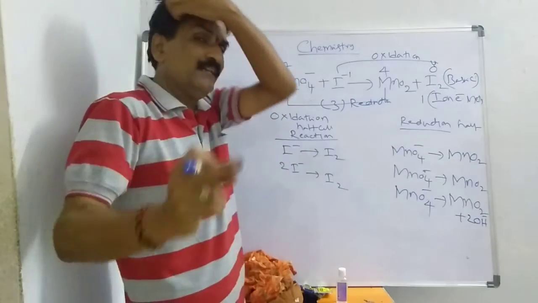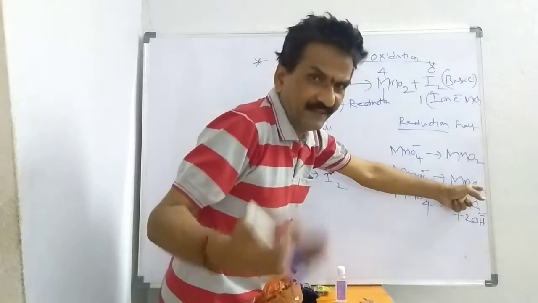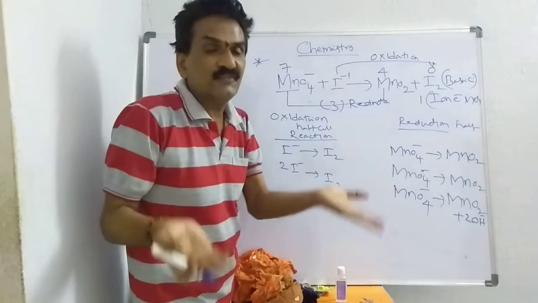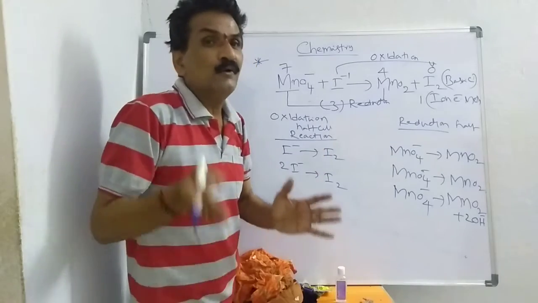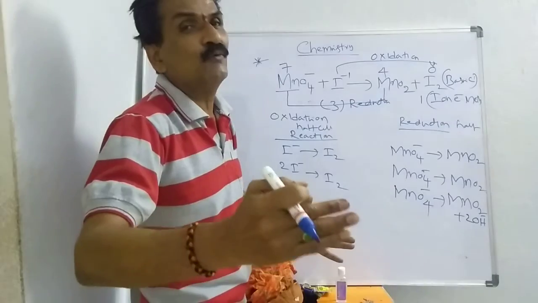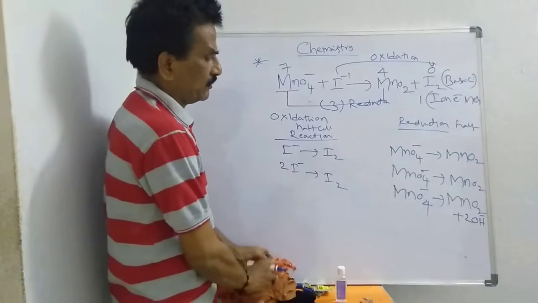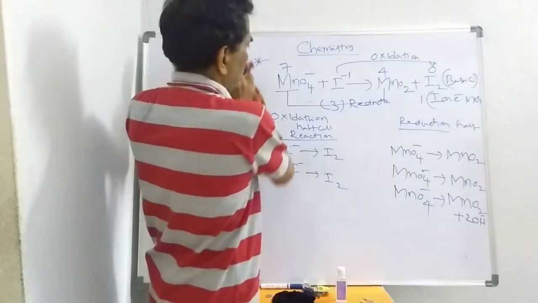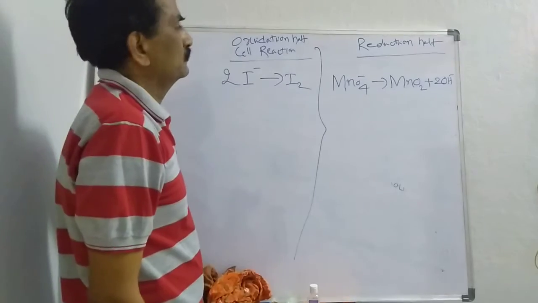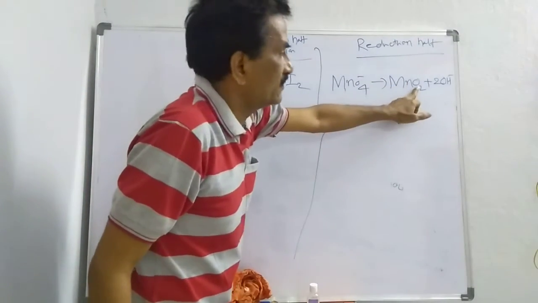In basic medium, if oxygens are deficit at one side, we have to add OH minus. If hydrogens are deficit, if hydrogens are less on one side, we have to compensate that by adding H2O. You see, here there is no problem. So we have to balance oxygen.